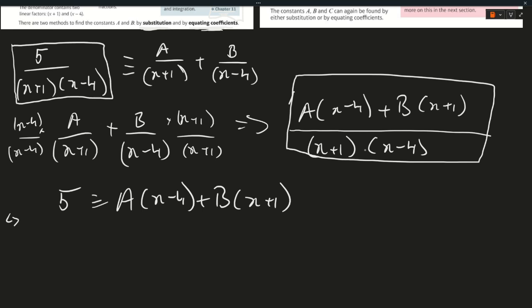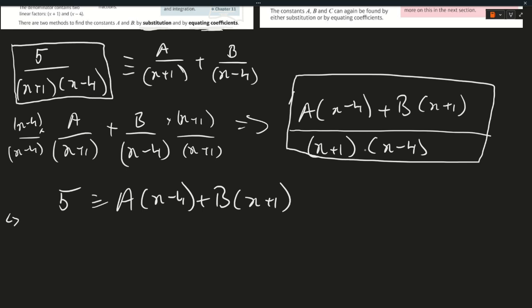This is where the substitution comes in. We can essentially say that x could be anything here. But we want to use an example of x for which we can eliminate either a or b. The reason is that right now we essentially have what looks like one equation with two unknowns.